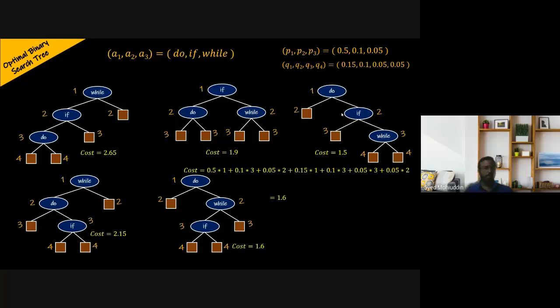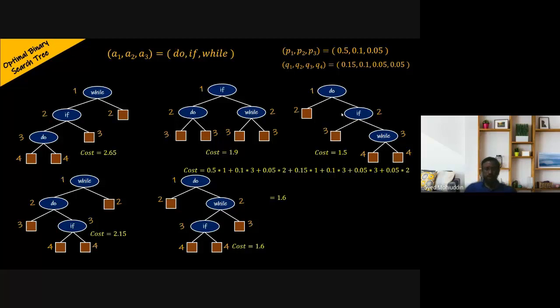If there are 5 elements, we will have many more trees, so we cannot always take pen and paper and try to solve this. There should be some logic or some optimized algorithm to do this. That is where dynamic programming comes into the picture. We will now see how the dynamic programming strategy can be applied to solve this problem.